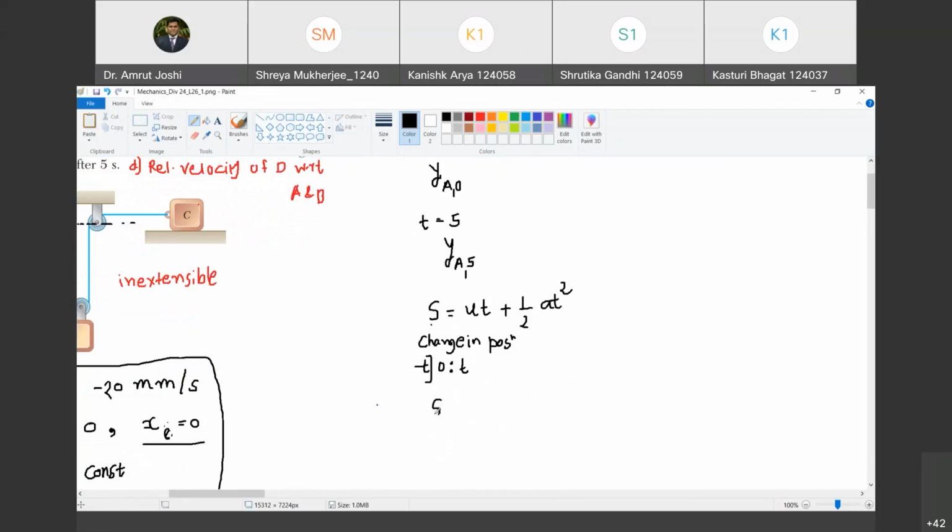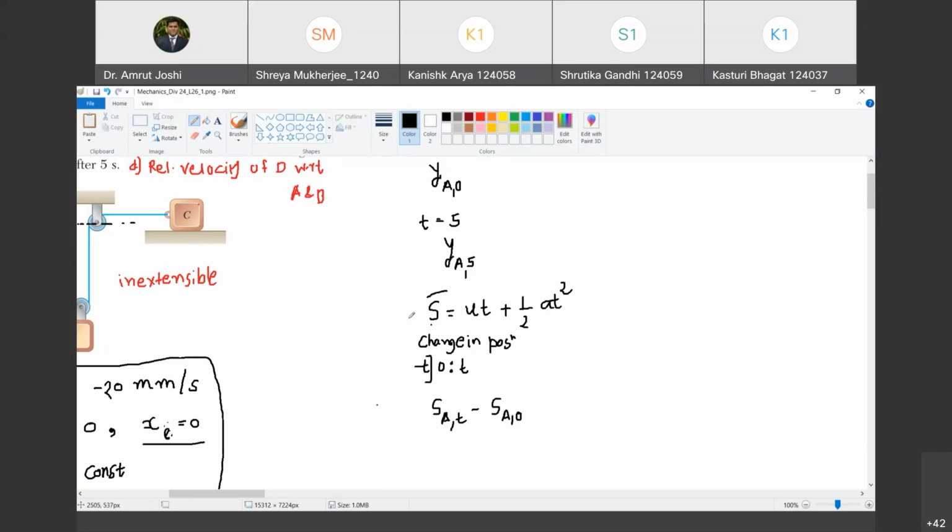So in fact, it is position of block A at time t minus position of block A at time 0. Are you with me? Yes, sir. However, in most of the cases, as this value turns out to be 0, we always interpret this as position of block A at time t. However, that is not always true. Like in this case, the block did not start with 0 position. Are you with me? Yes, sir.